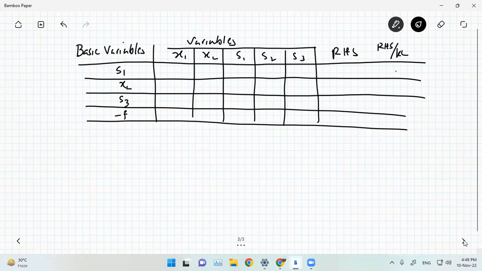So this is 4 by 10, 1, 0, 1 by 10, 0, and 200. So how can we make the first one 0?